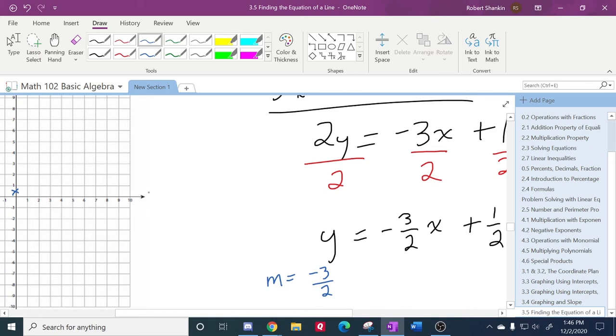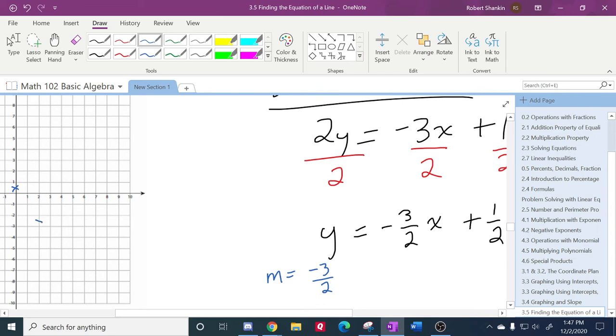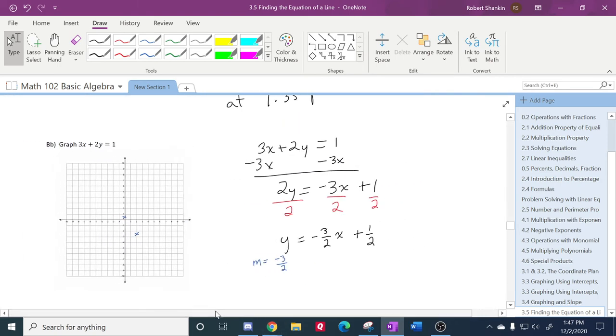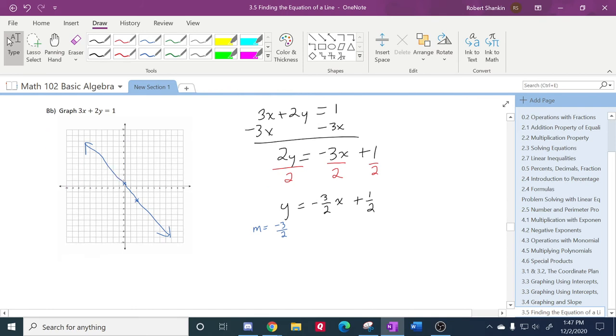So now I'm going to rise -3 and stay halfway between -2 and -3, and then I'm going to run 2 and then I'm going to connect these two to have my line. Okay. Any questions?